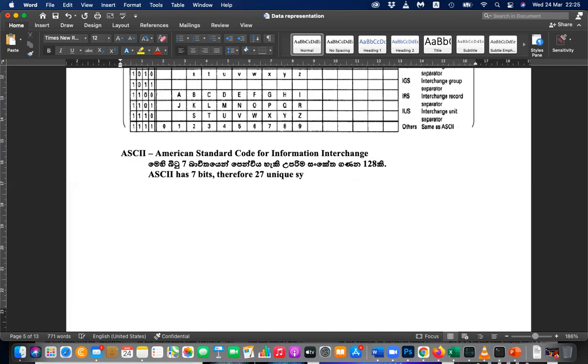Please write down over there: 2 to the power 7 unique symbols, which is equal to 128 unique symbols, which is enough to represent numbers and letters in the English alphabet. But not enough to represent other languages.